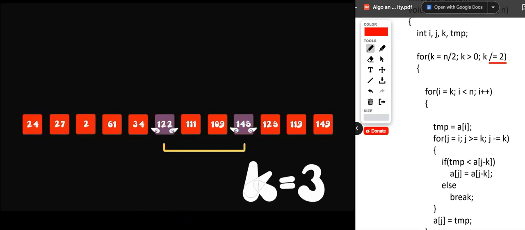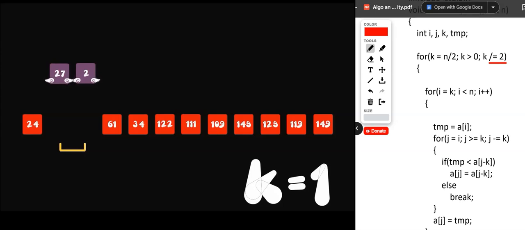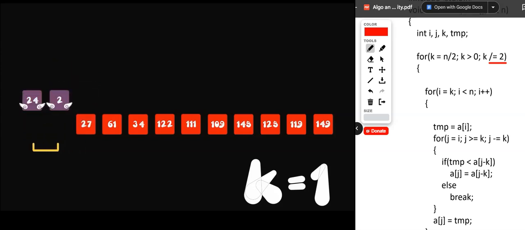If you check once again, when k becomes 1, 24 and 27, there is no exchange of position. But in 27 and 2, there is an exchange of position. That's why in that particular step, that is the last one, again you have to move in the left side to perform this operation.